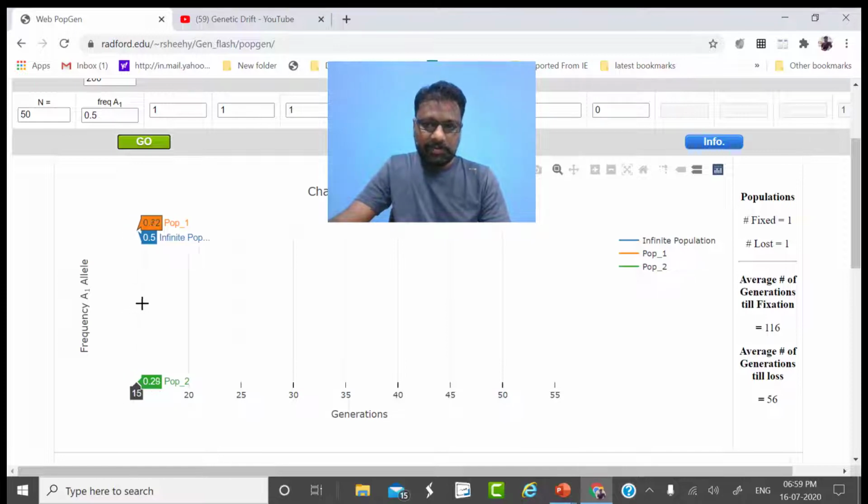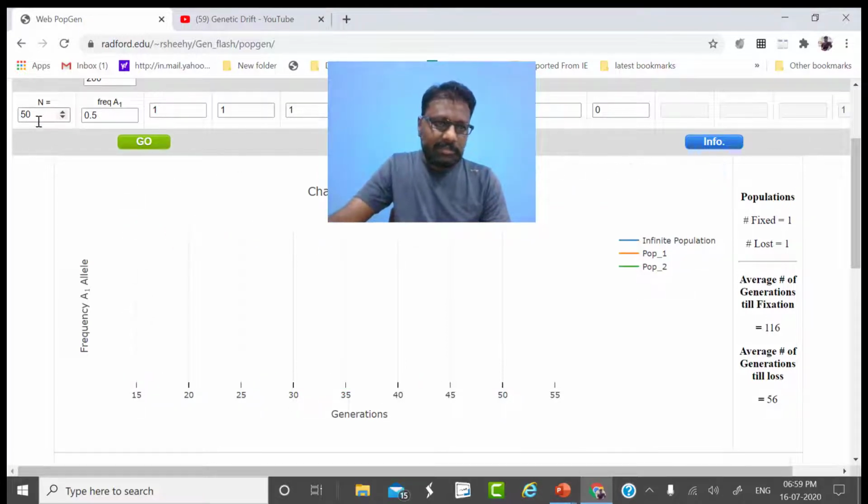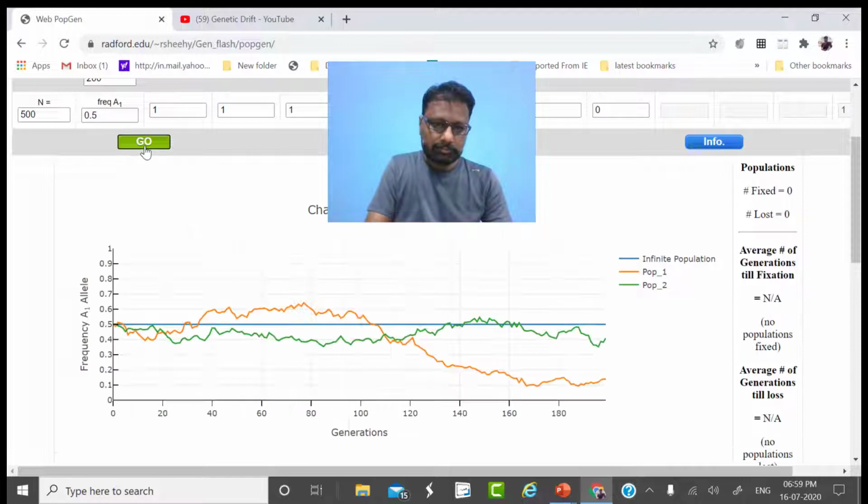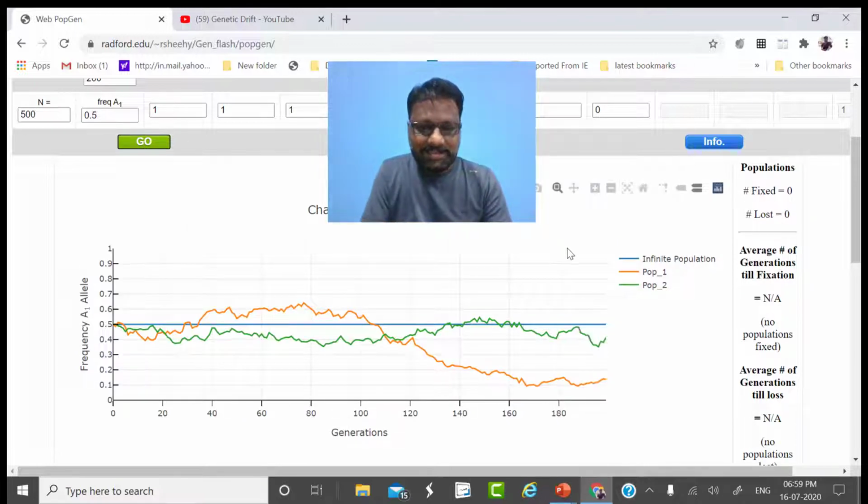Suppose we increase the population from 50 to 500, now let us see. There is less drift which we can see in the allelic frequency among the populations.